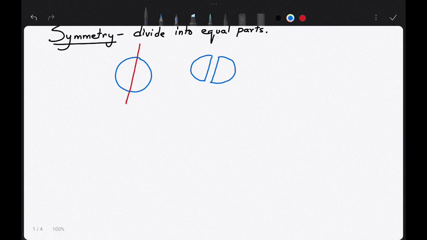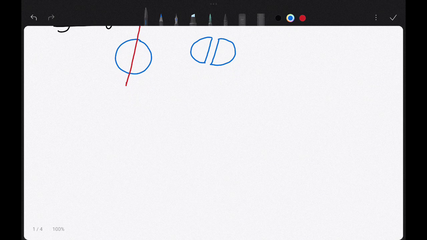These two equal parts are symmetrical in nature. Okay, they are similar in shape. This phenomenon is known as symmetry. The process by which you divide anything into two equal halves is known as symmetry.